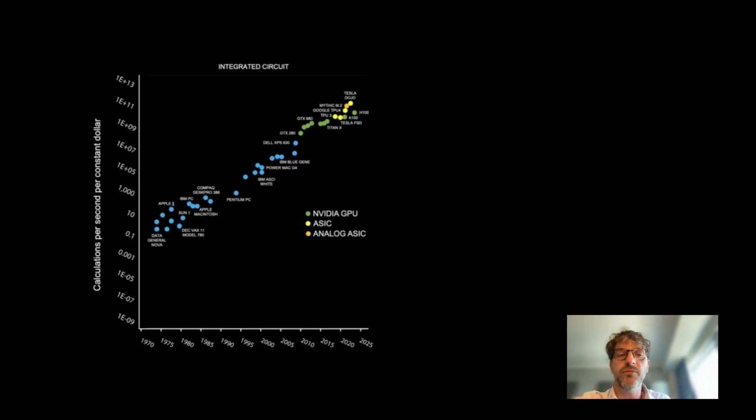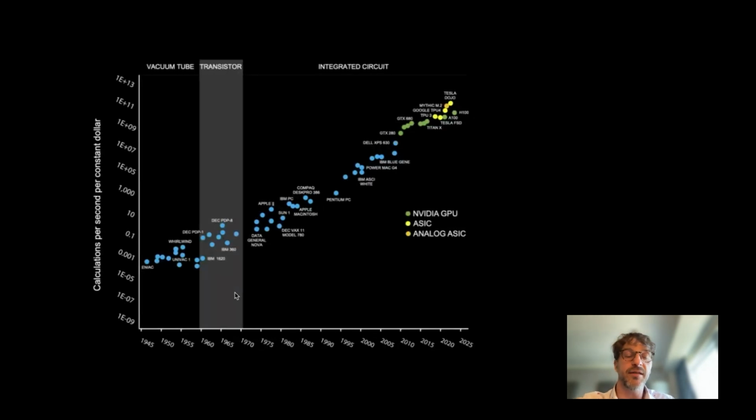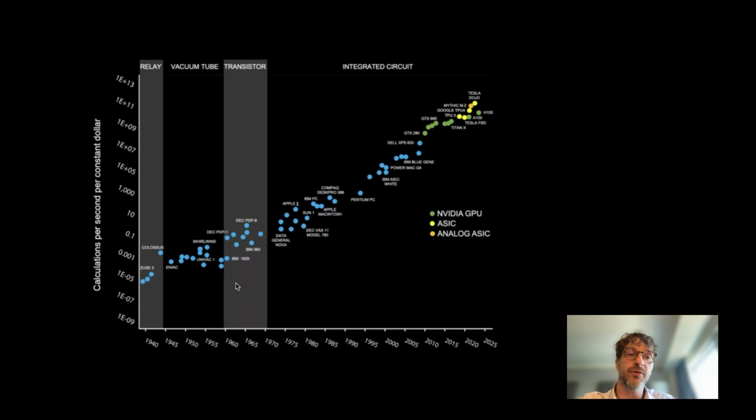What most people don't know, even those familiar with Moore's Law, is that it has actually been around since before 1965. It's been around with transistors since about 1960. Well, actually, Moore's Law has been around since 1945 with vacuum tubes. Well, actually, it has been around with relays since about 1935.